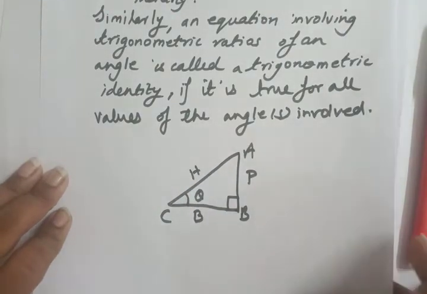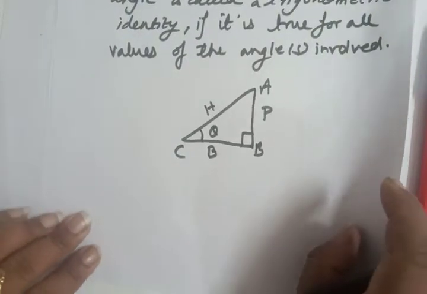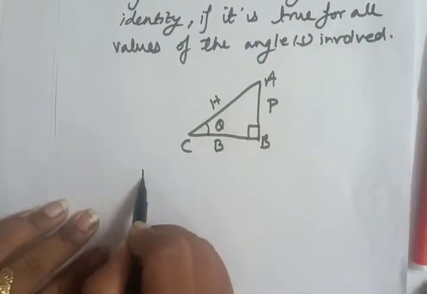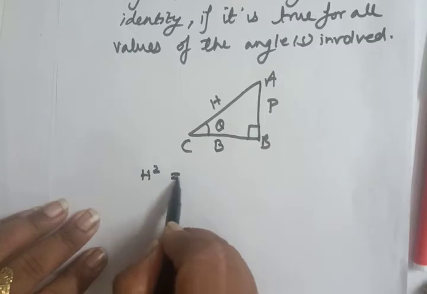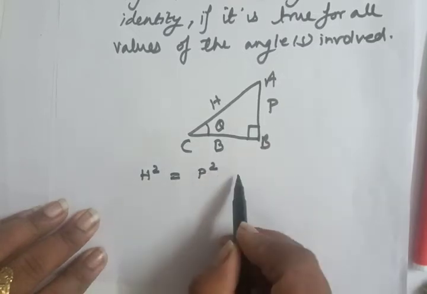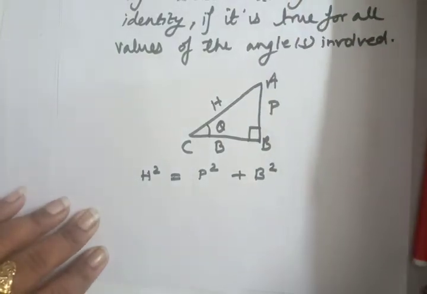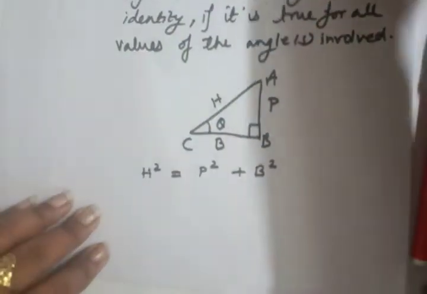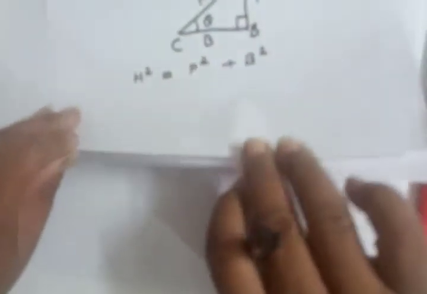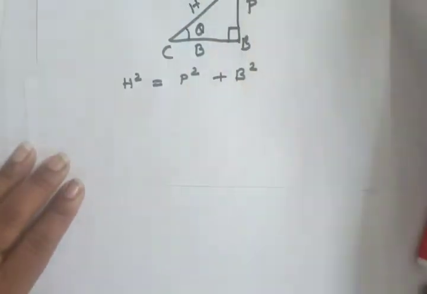As we know, by the Pythagoras theorem, hypotenuse square is always equal to perpendicular square plus base square. We are going to use this Pythagoras theorem to prove all these three identities.